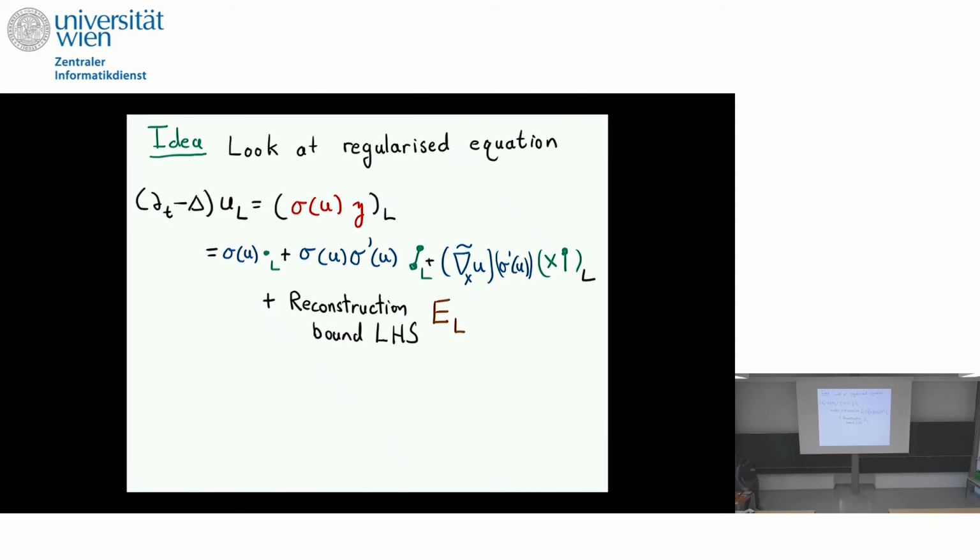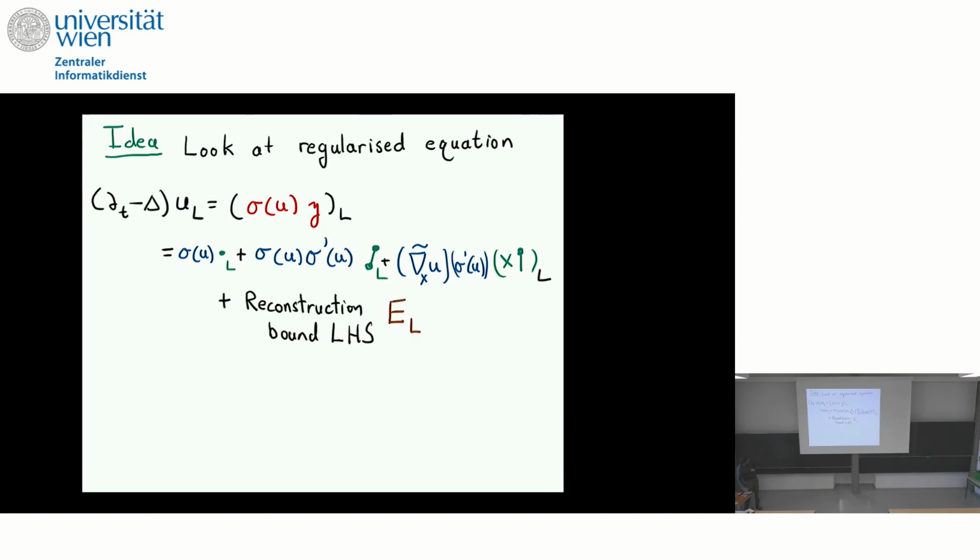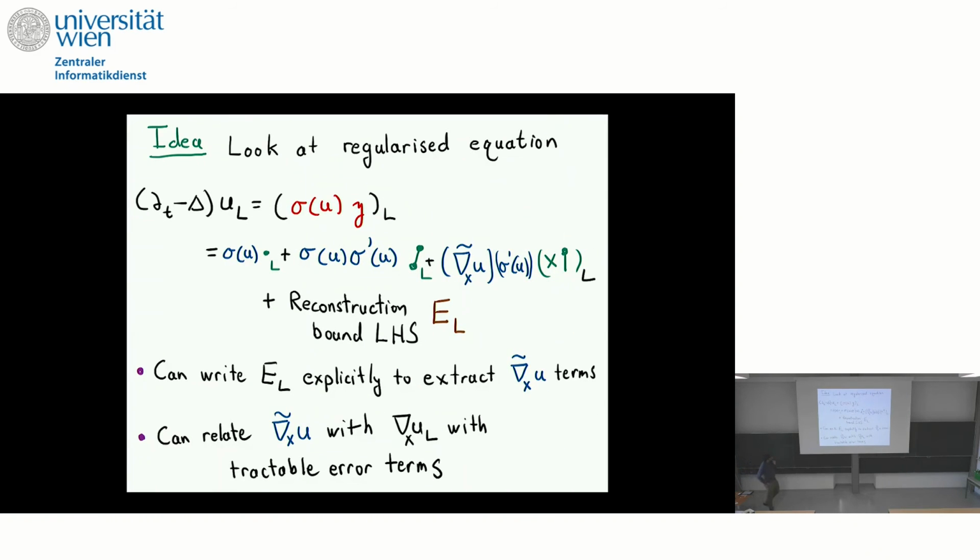Good, sorry. Okay, so here I'm going to call it Isabel. And the main point here is that you can actually write out this thing fairly explicitly, and you can carefully extract its dependence on the regularity structures gradient.